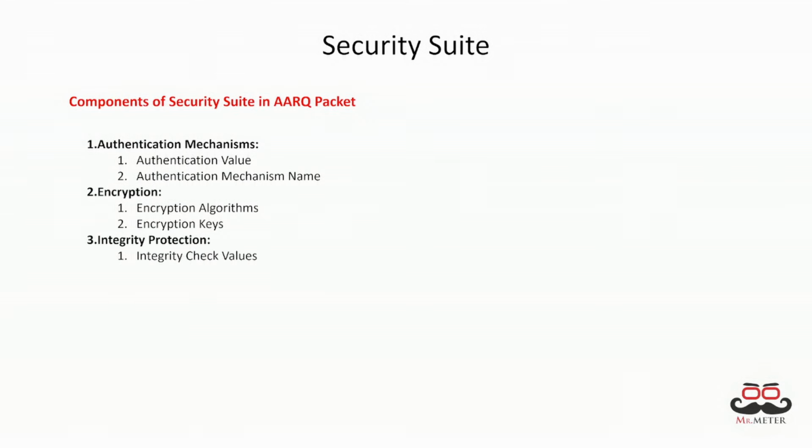The integrity protection check value uses cryptographic hash functions or message digests, like SHA 256, applied to the data to ensure it has not been tampered with during transmission. The access control information specifies the access rights and permissions of the entities.